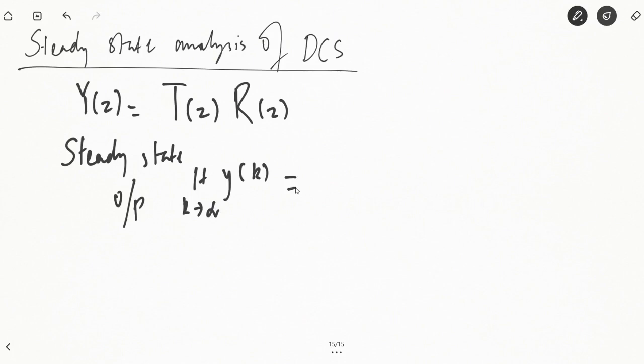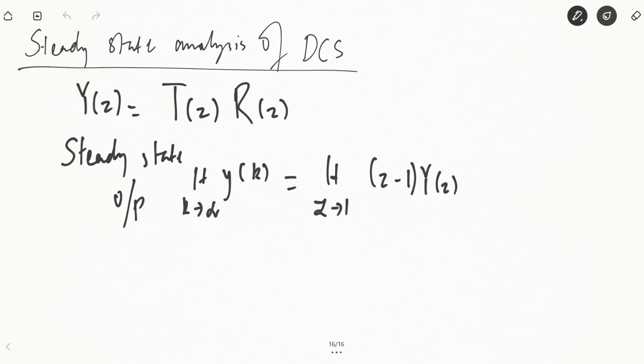In case of a Z transform, applying the final value theorem, limit z tends to 1, (z minus 1) Y(z). So using the final value theorem, we can find out the steady state output of a system, and accordingly we can also derive the steady state error for the system.